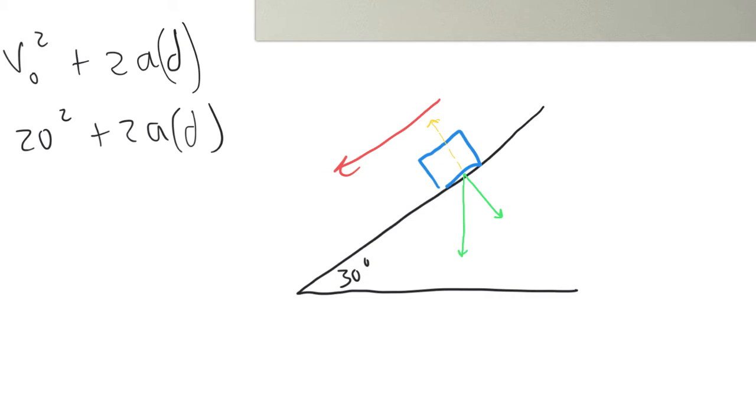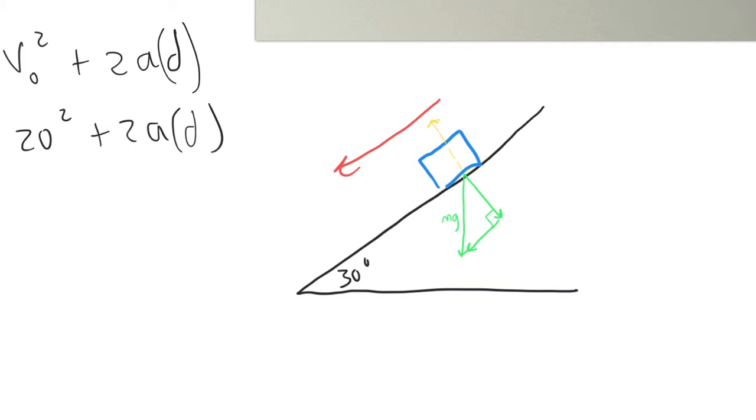That is happening. And then there's also the fact that it's going down in that direction as well. And this is 90 degrees. Once again, this is due to the weight of the box because gravity is pulling it down, and that's going to be the mass of the box times g. Now g is 9.8.